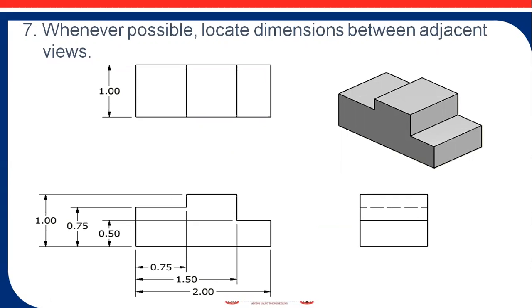With respect to those features, corners, holes or whatever the surface, we should show the dimensions. You can see the red color indicates that the dimension lines, or location of the dimension lines with respect to the adjacent lines, are crossing. So it is an incorrect way of dimensioning.